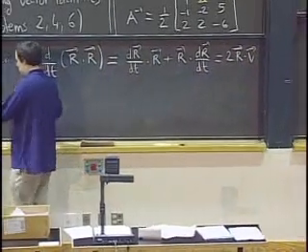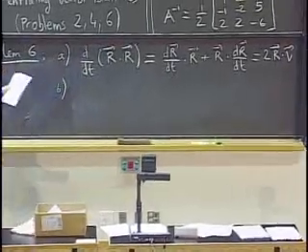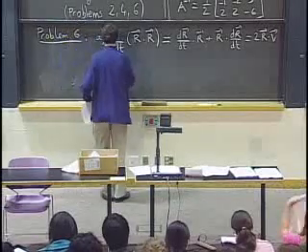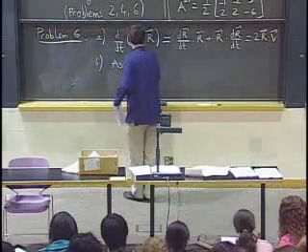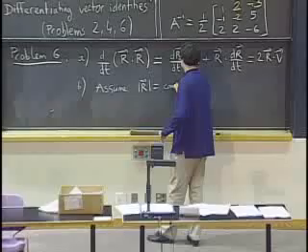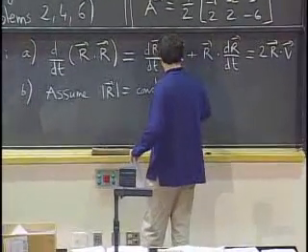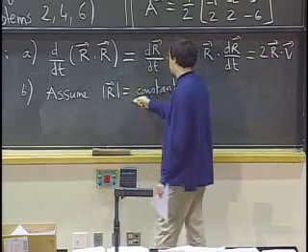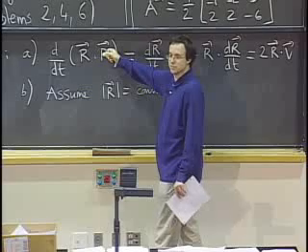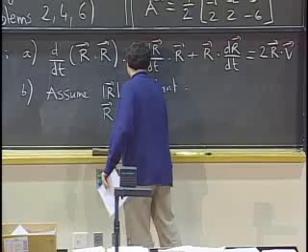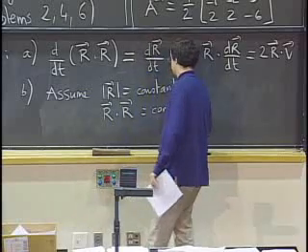Now it says, show that if r has constant length, then r and v are perpendicular. So all you need to write basically is, we assume length r is constant. That's what it says. r has constant length. Well, how do we get to say something? We probably want to reduce to that. Well, if r is constant in length, then r dot r is also constant.